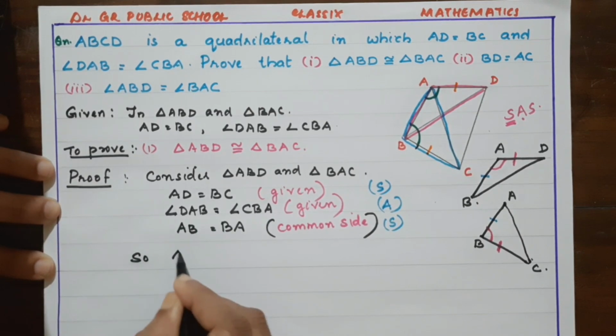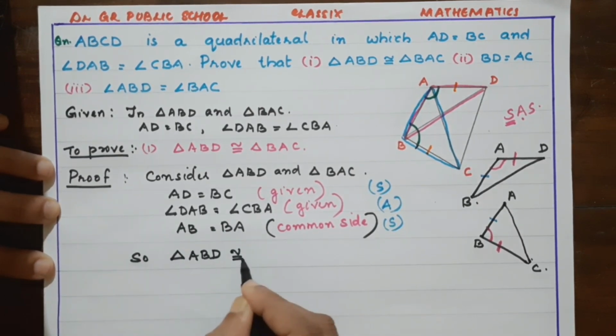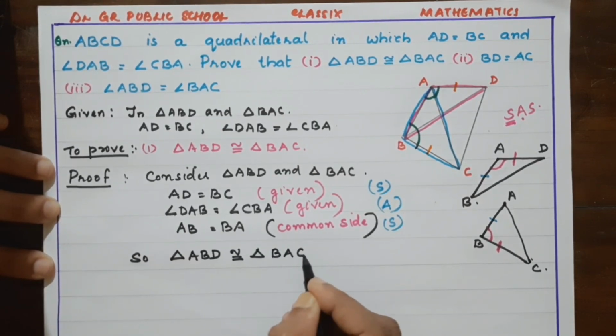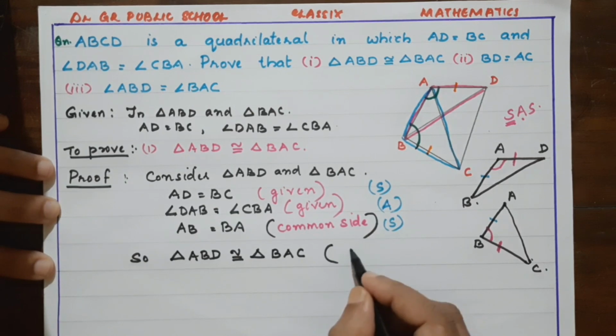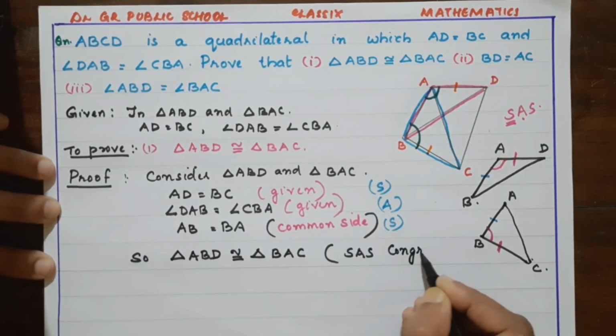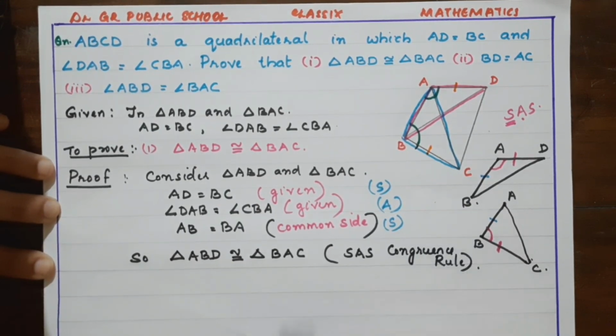So triangle ABD is congruent to triangle BAC. Reason: SAS congruence rule. Okay. So we got the first answer.